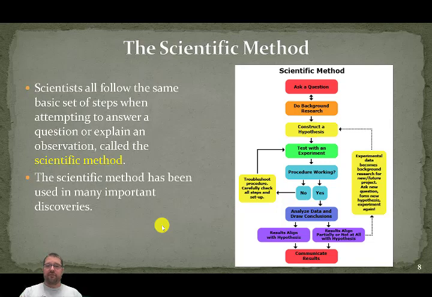That test will then give you some kind of evidence. The evidence is either going to be in support of your hypothesis or refute your hypothesis. And this often will be analyzed by analyzing data or analyzing your collection of material from your test experiment.